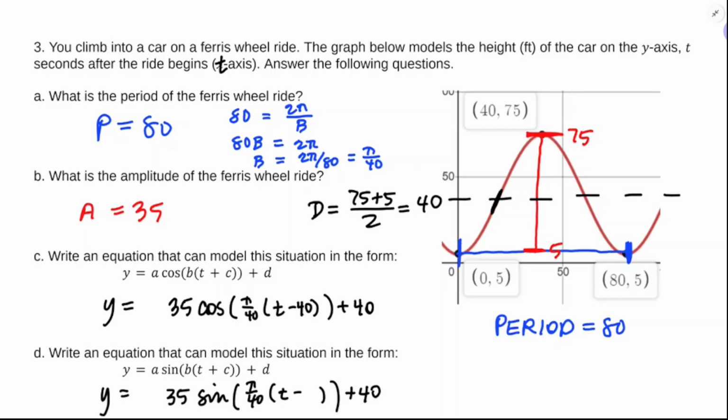That would be right here, and that's going to happen halfway between the minimum and the maximum. The minimum happened at t equals 0, and the maximum happened at t equals 40. So that halfway spot is going to be at t equals 20. And I'm going to make that the phase shift because that's where my normal idea of sine starts.